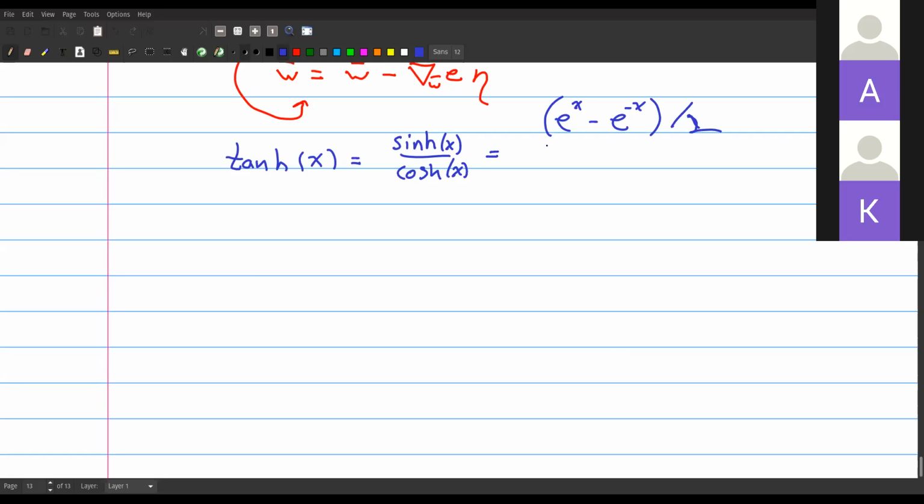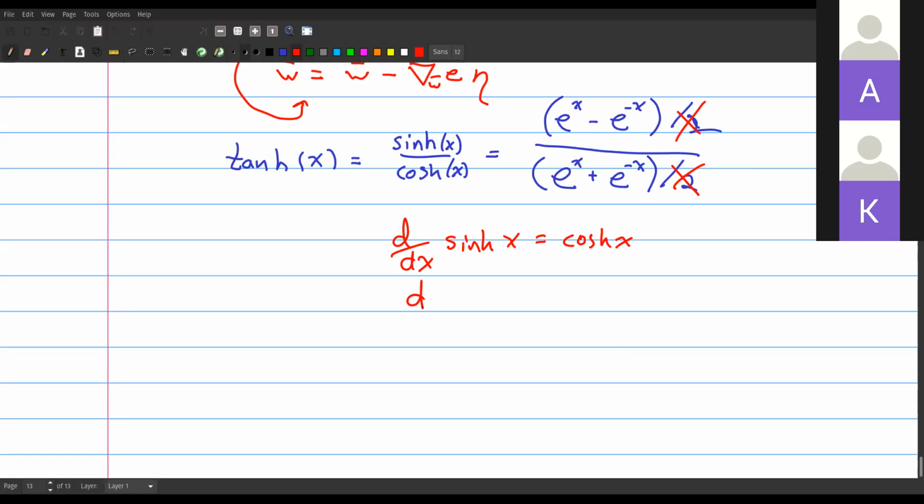And hyperbolic cosine is e to the x plus e to the minus x over 2. The over 2 part cancels, so you can think of hyperbolic tangent as the ratio of these things. The easiest way to take this derivative is to use the quotient rule. It turns out that the derivative of hyperbolic sine is hyperbolic cosine, and the derivative of hyperbolic cosine is hyperbolic sine.